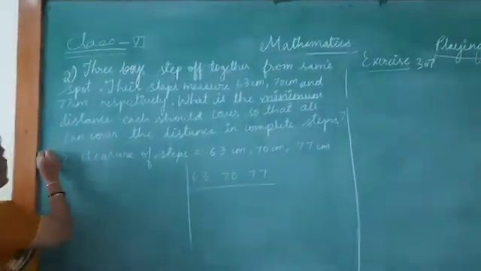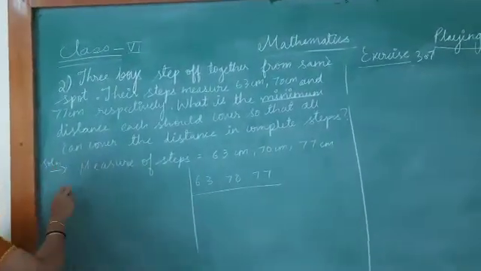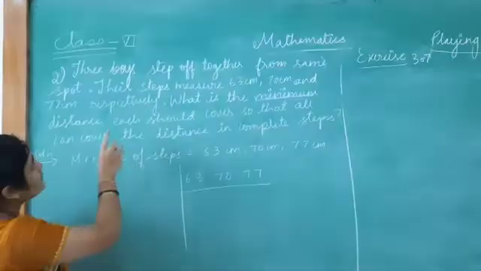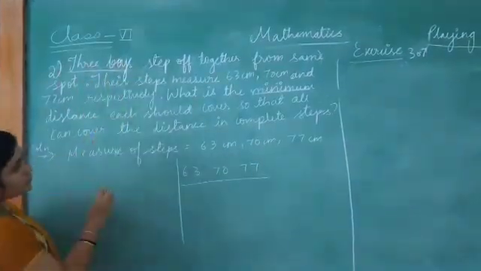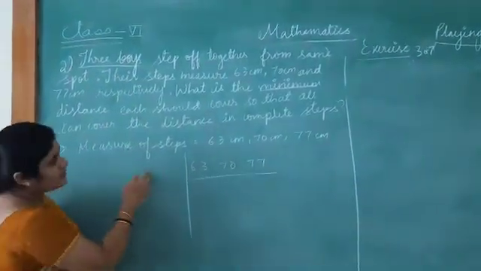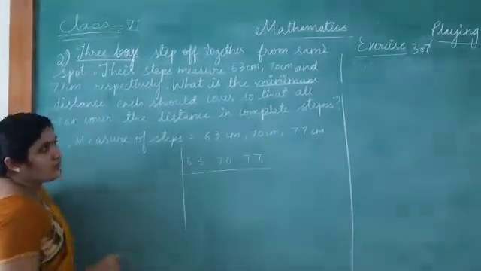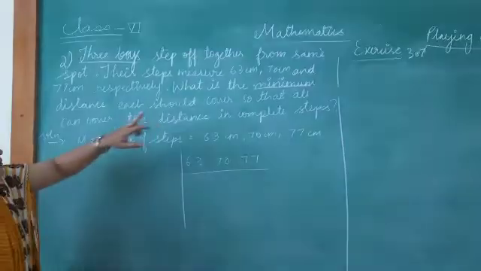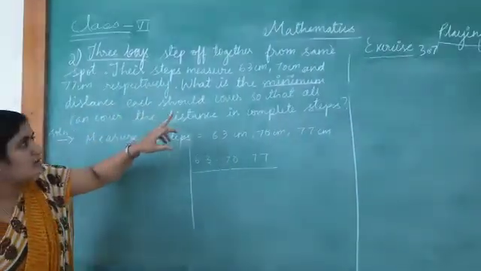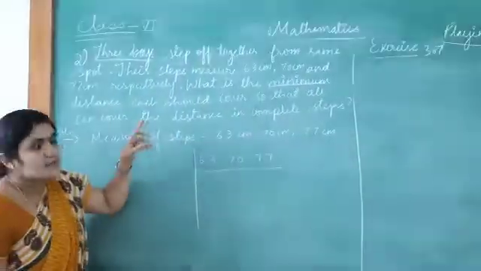Now let me solve here. Solution is measure of steps. As you can see, 3 boys are here who are walking and their steps measurement is 63 cm, 70 cm and 77 cm. What is the minimum distance each should cover so that all can cover the distance in complete steps?